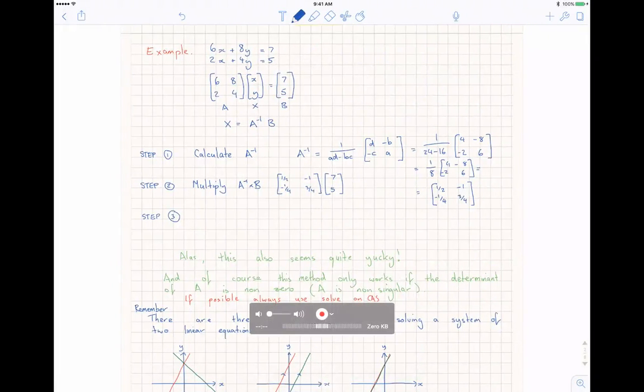All right, that is a fraction again. Minus 1.5 is minus 3 on 2, and 2.